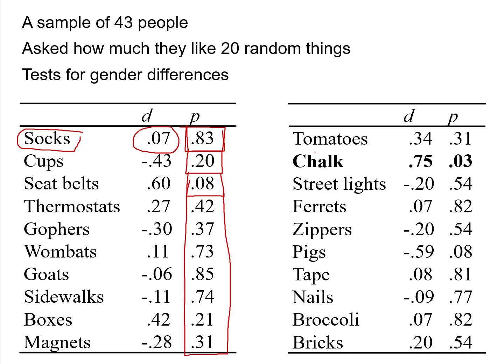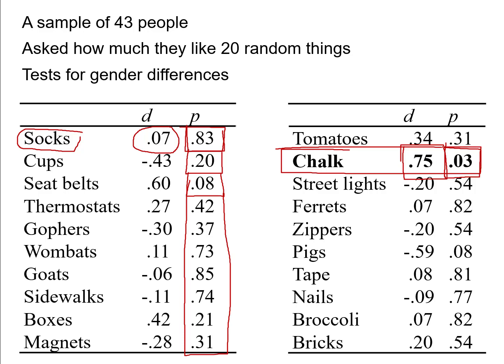However, look in the second column over here for chalk. Look at this. I got a significant gender difference for chalk. I found that women like chalk more than men. I got a D statistic of 0.75. That's a medium effect and getting kind of close to a large effect. And the p-value I got for my t-test was 0.03.